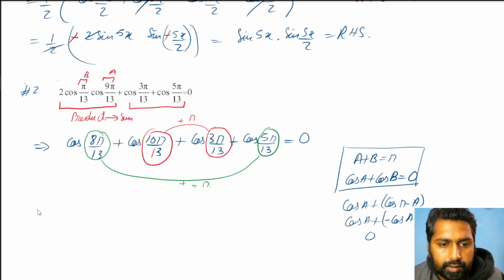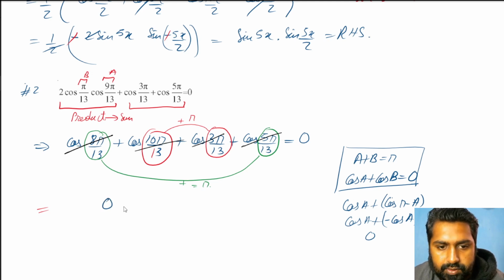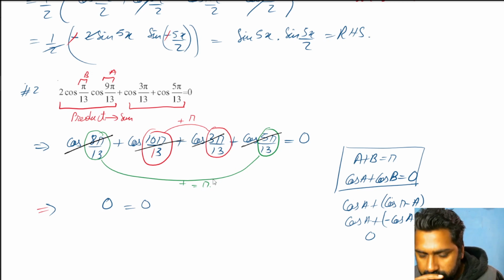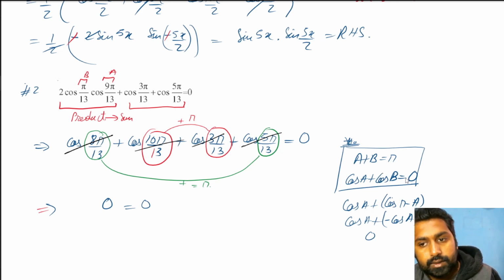So I can directly cancel this using the property that I told you; these two will cancel. Similarly, these two will also cancel. Hence 0 is equal to 0. We have proved it. This is what we had to prove. But remember this identity: if the sum of two angles is pi, then cos A plus cos B is 0.